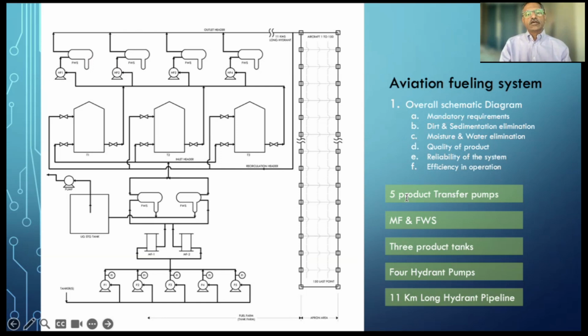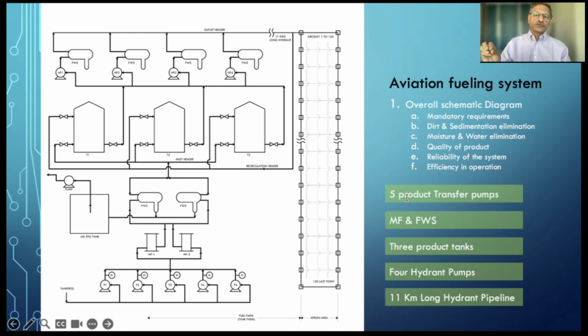When you say aviation fuel, the fuel which is going into the flight, the fuel should be completely free of dirt or sedimentation. Then there should not be any moisture or water content in the fuel. Quality of product and reliability of the entire system matter, because when you are fueling a flight, it should be done within a particular time period.